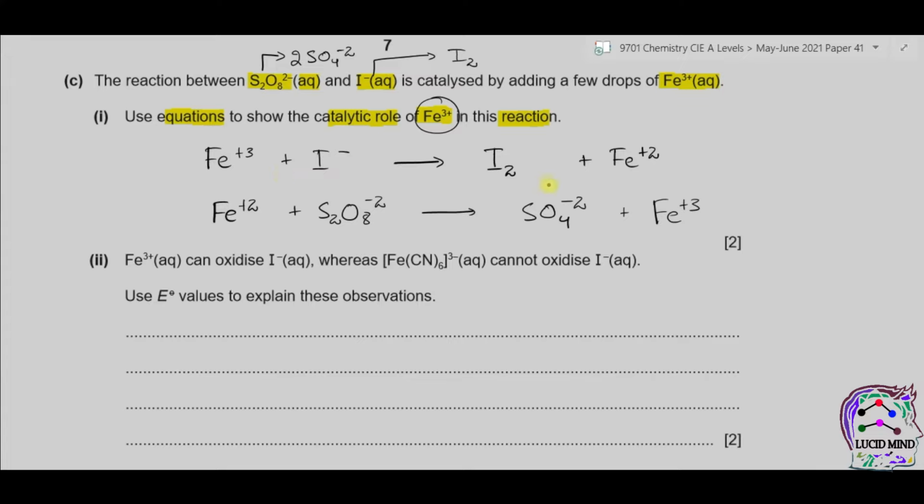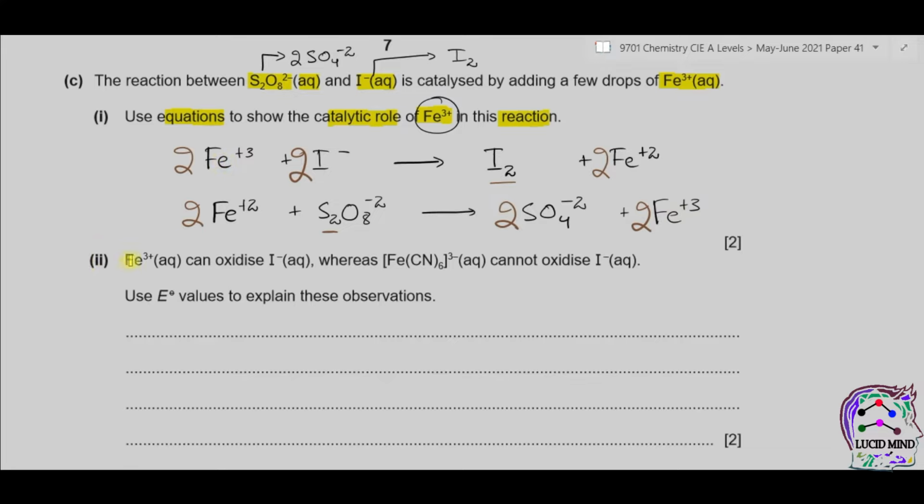Now we can balance this equation. We have 2 iodine on the product side, so we can write 2 with iodide, and 2 iodide needs 2 iron plus 3, and 2 iron plus 2 will be formed. 2 iron plus 2 will react with this. We have 2 sulfurs, so we can balance by writing 2 on this side. 2 iron plus 3 will be regenerated.